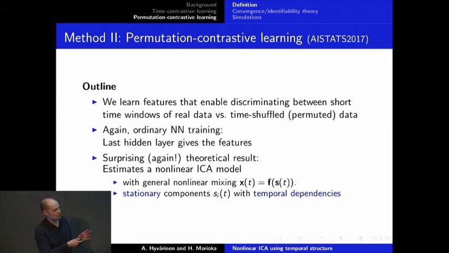The observations are a general nonlinear mixing of independent components. But now the statistical assumptions on the temporal structure are different. Here we have components which have temporal dependencies, and they are stationary, as opposed to the non-stationarity earlier.